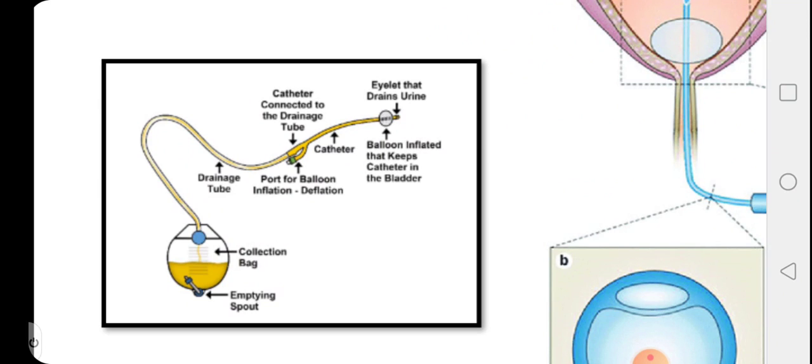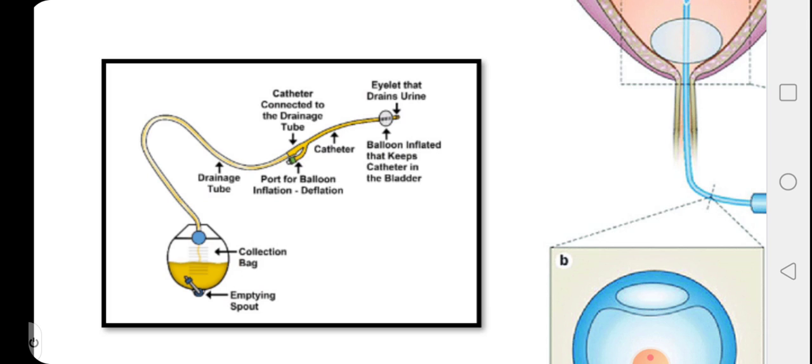One is a bigger port which is a connection to the bigger lumen in the catheter, and the other is a smaller lumen, which is a balloon port which connects to the small lumen in the catheter, which is used to inflate the balloon which is kept at the proximal end or the part of the catheter which enters the urinary bladder. So the balloon is inflated with the help of sterile saline so that the catheter stays in place.